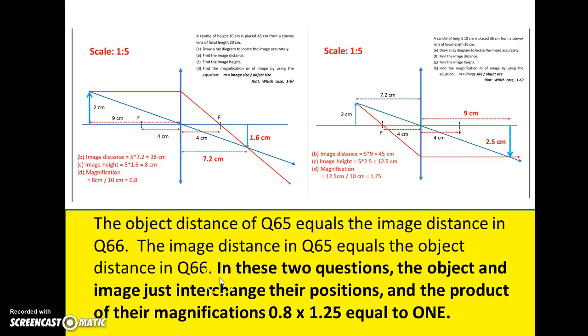In other words, in these two questions, the object and image interchange their positions. And that's why the product of the two magnifications, 0.8 and 1.25, will be equal to 1.